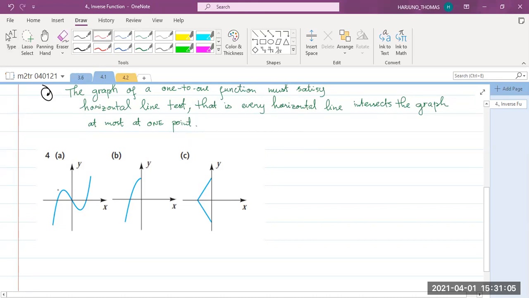Now it needs to pass the vertical line test, right? So 4a is a function, right? Graph B also satisfies the vertical line test, so it is a function. But part C is not a function, right? It's not a function.